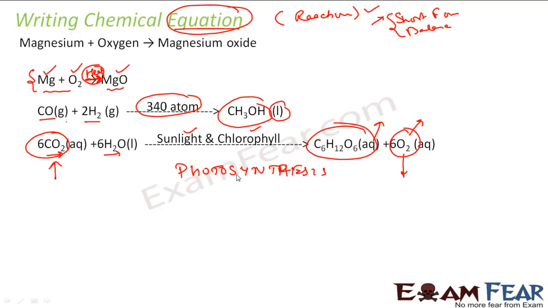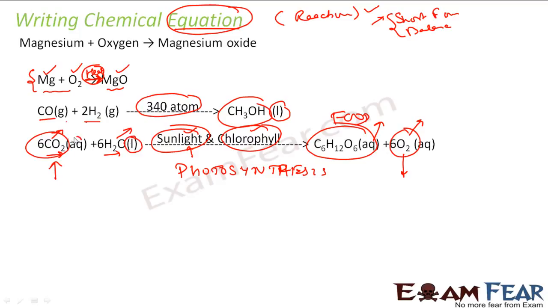The tree takes carbon dioxide, the tree takes water, which we give to the tree. In presence of sunlight and chlorophyll, only in the day, the tree produces oxygen. It produces this substance, and this is nothing but the food for the tree, right?